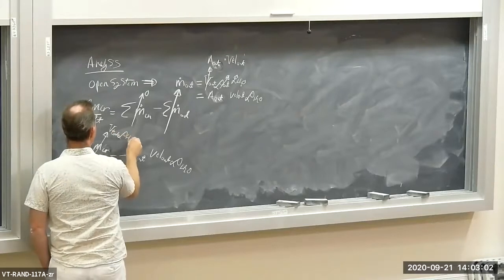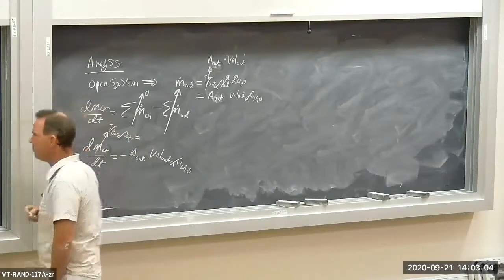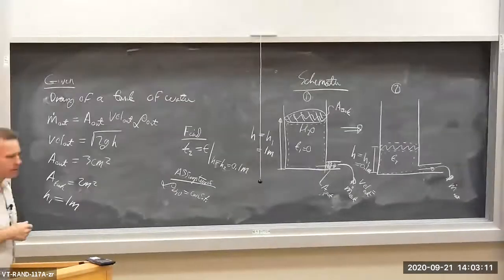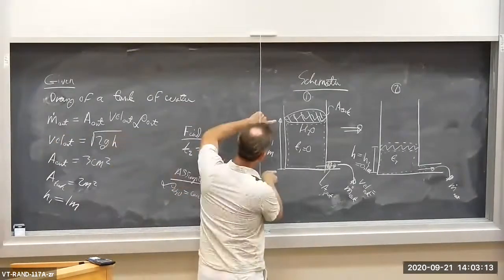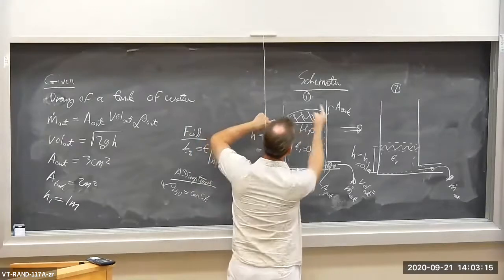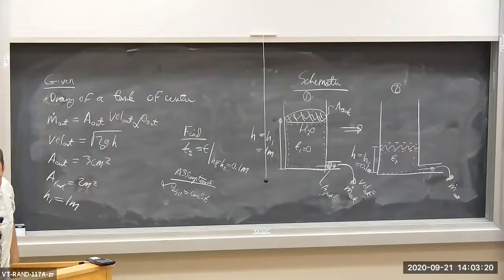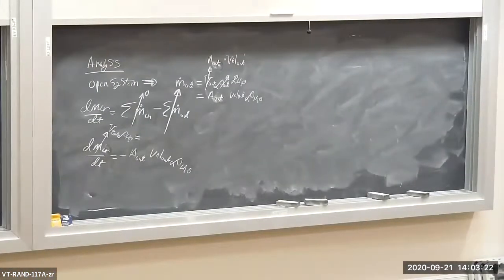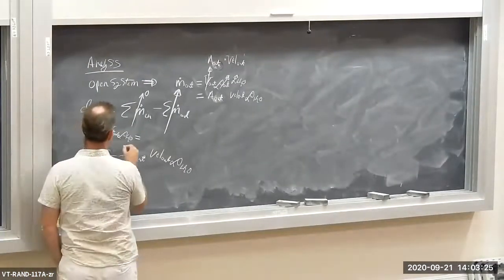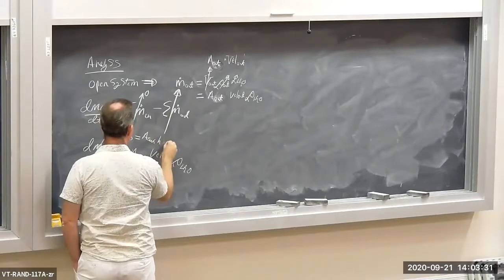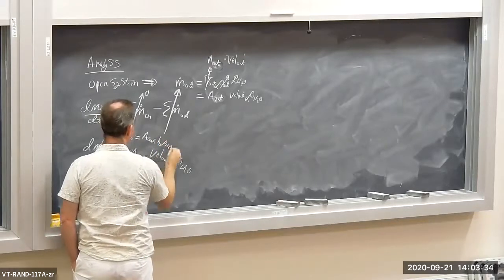Density times volume gives you mass. Now the volume of the tank is going to be equal to my height h times the tank area. So V tank is A tank times H, and then I have rho H2O, okay?